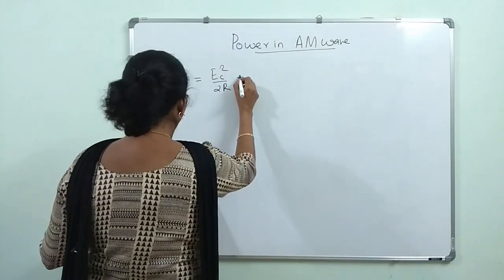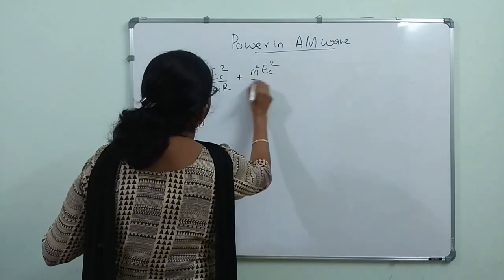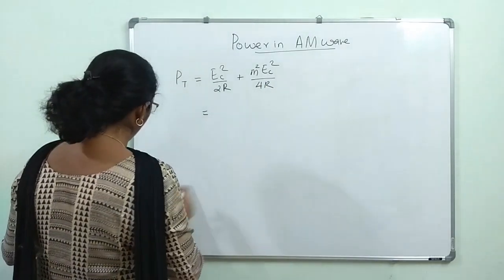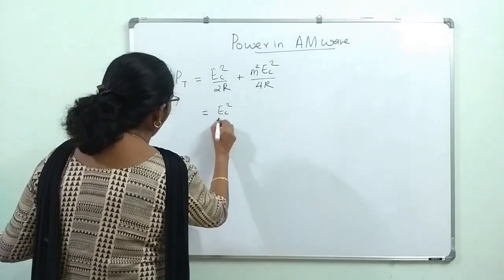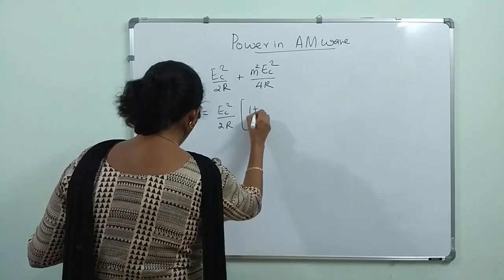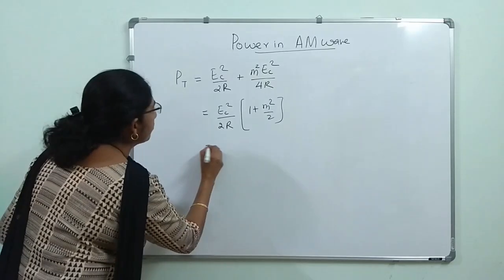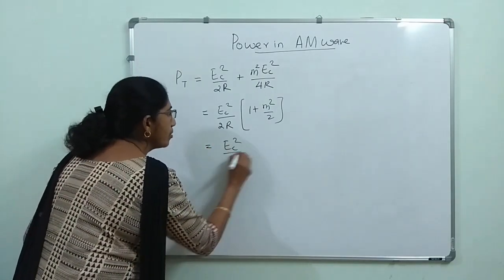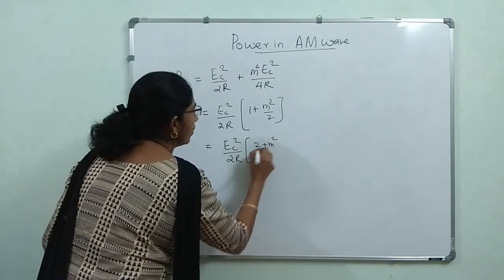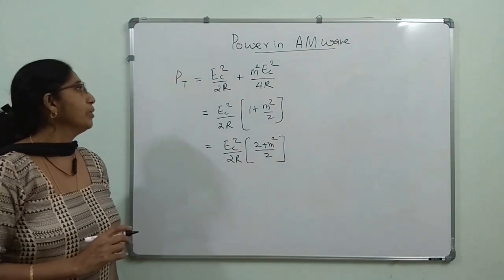Power in the signal is M square EC square by 4R. So this will be equal to EC square divided by 2R into 1 plus M square by 2. This you can simplify as EC square by 2R into 2 plus M square by 2. So this is the total power in the amplitude modulated wave.